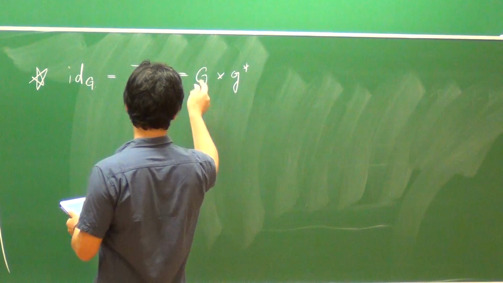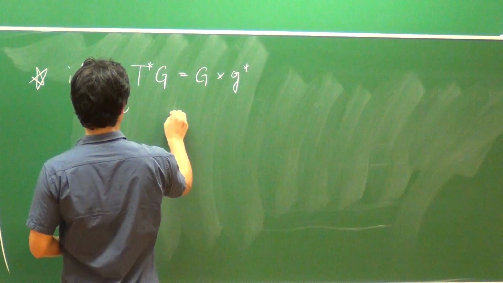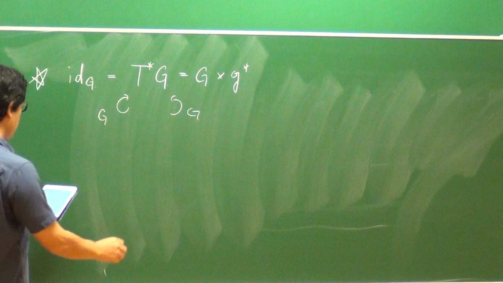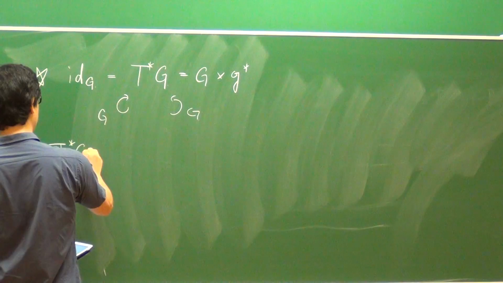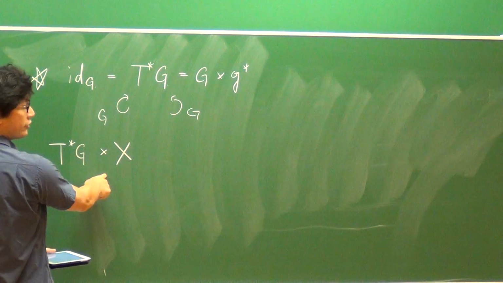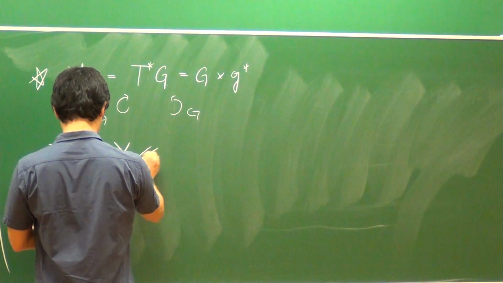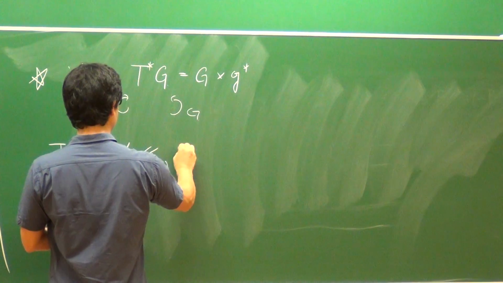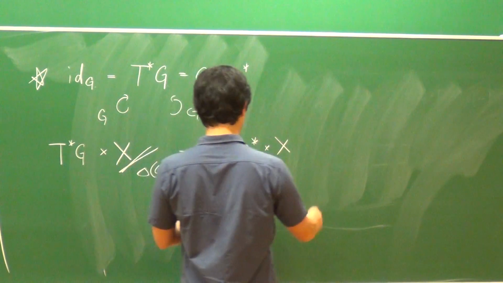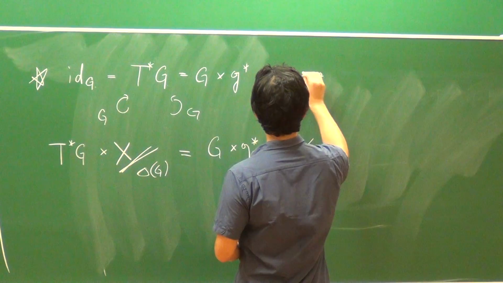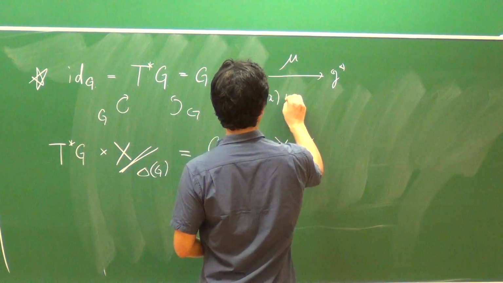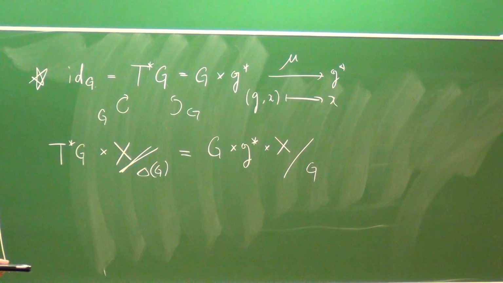Because there's a natural action of two commuting copies of G. And if you consider the symplectic reduction of this variety, this is just G times g star, and X quotient by the action of G. But the moment map here is just the projection to the second component.